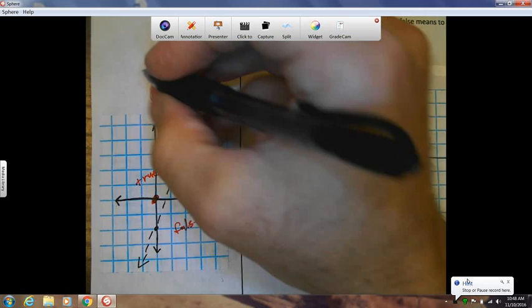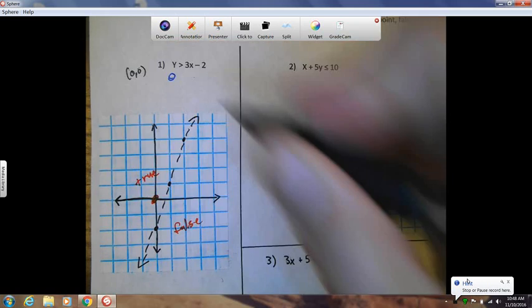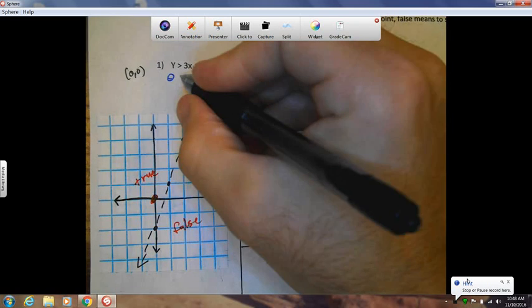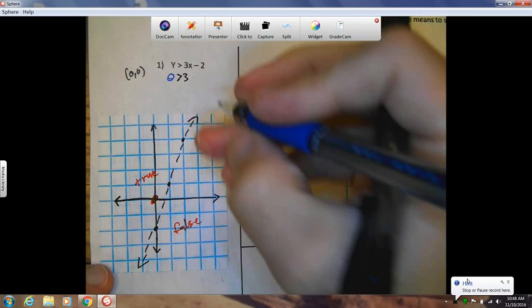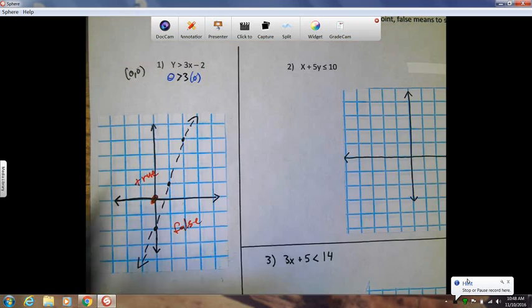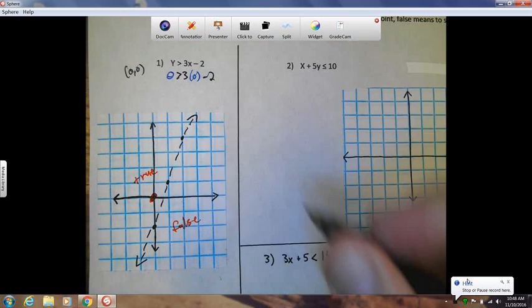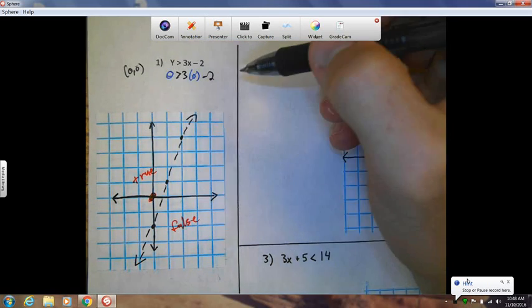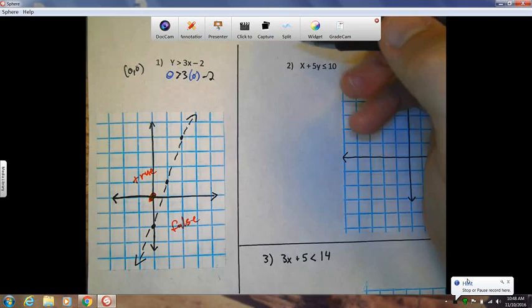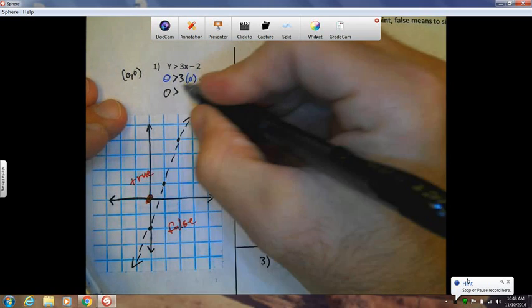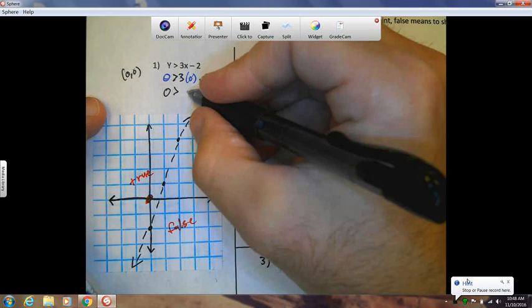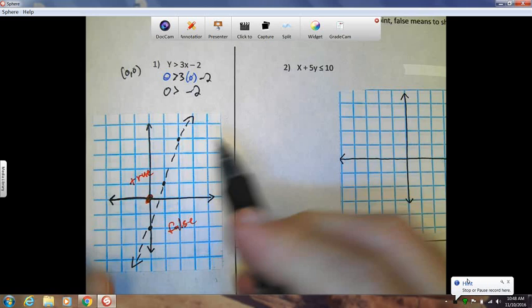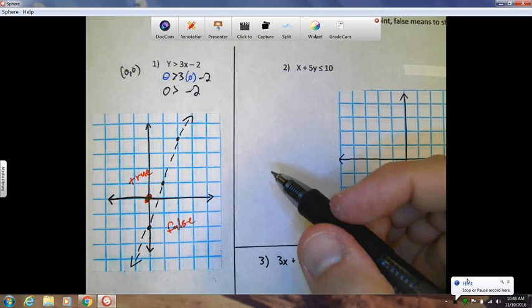My test point is 0, 0. So I have replaced x and y with 0 and 0 from my test point. So 0 is greater than, well, 3 times 0 is 0, -2. Is 0 greater than -2? Yes, it is greater than -2.